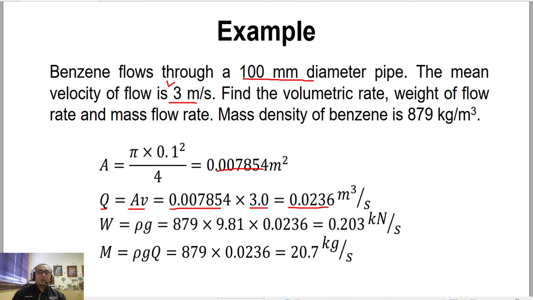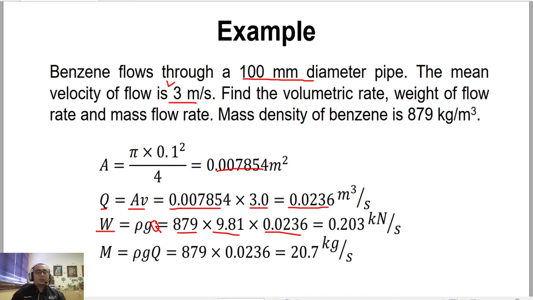Kemudian dia suruh dapatkan weight flow rate, which is W. So formula untuk W, rho g darabkan dengan Q. Okay, so weight flow rate is equal to rho g darabkan dengan Q, and then kita masukkan density of benzene darabkan dengan g, and kita darabkan dengan Q. Right, so Q kita dah dapat 0.0236 dan kita dapatlah weight flow rate.